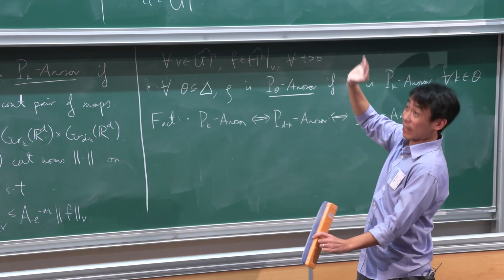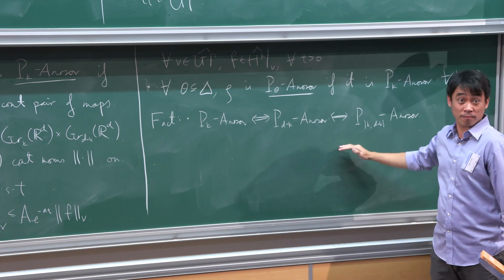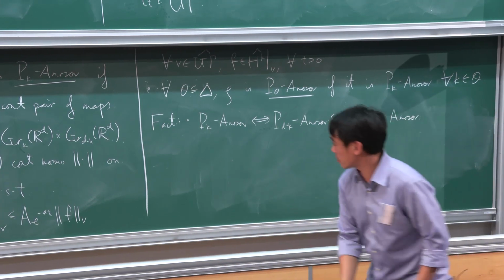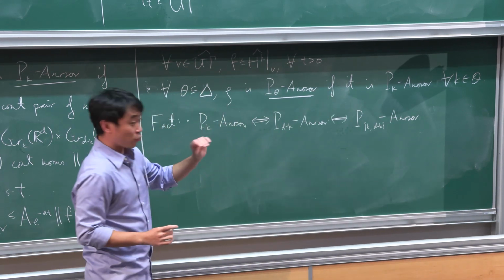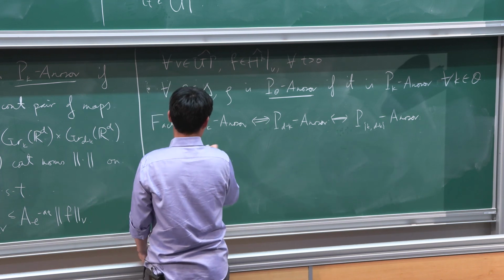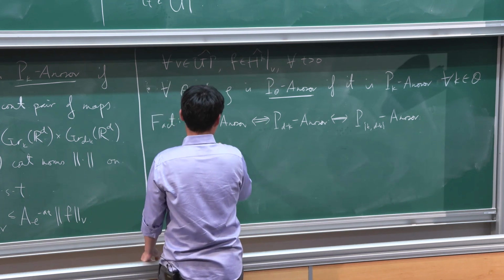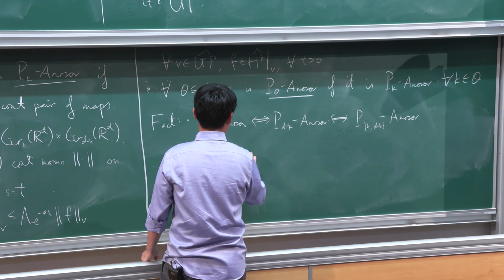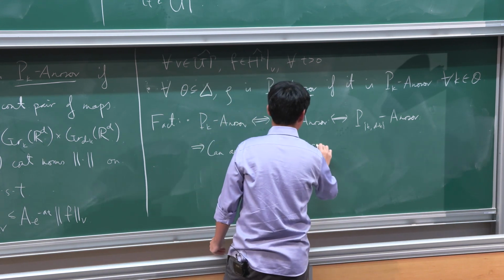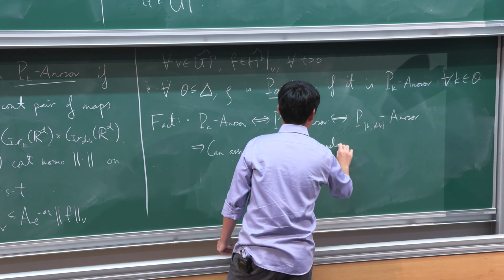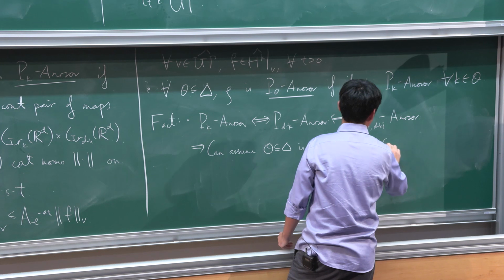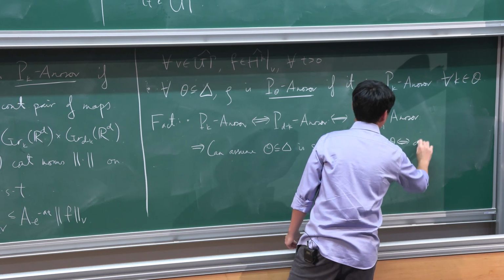There's some playing around you can do, but you can get this fact. What this tells us is that it's often harmless to assume that theta inside of delta is symmetric, meaning that an integer I is in theta if and only if D minus I is in theta.